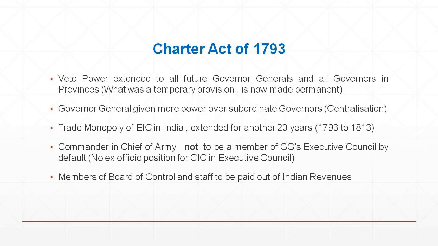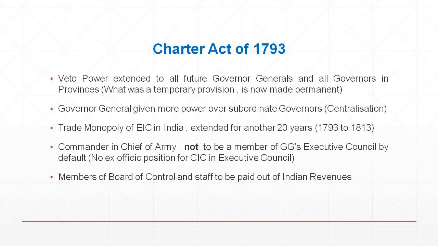Then comes the Charter Act of 1793. The features of this act were as follows. It extended the overriding power given to Lord Cornwallis over his council. That is, the Governor General can override the decision of his council. This was given to all the future Governor Generals and governors of presidencies.